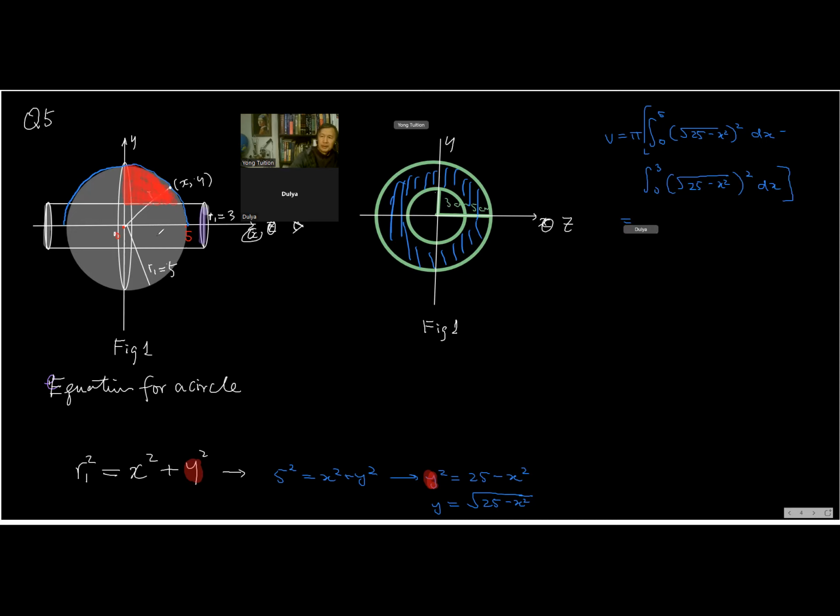Are you sure? Double check that. Are you sure this is another sphere? Are we dealing with two spheres?